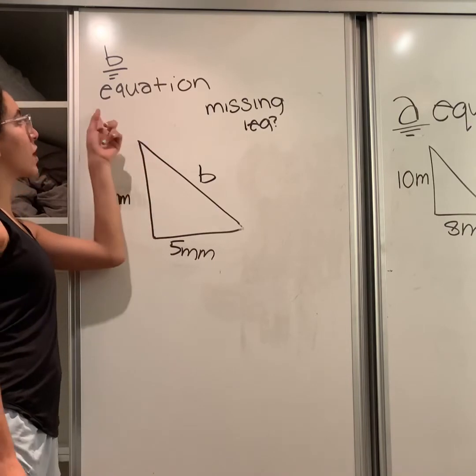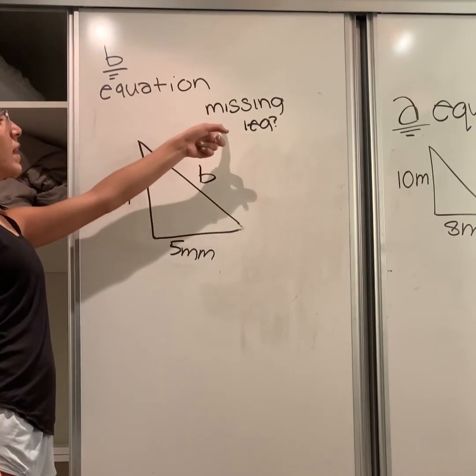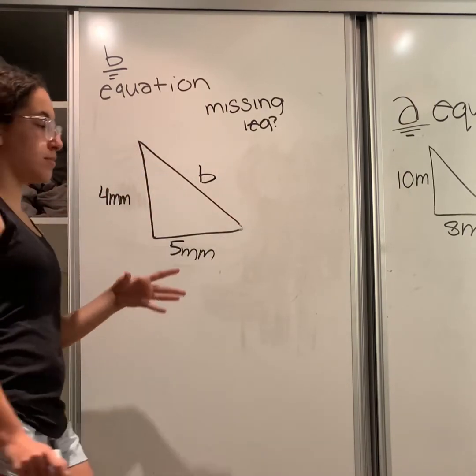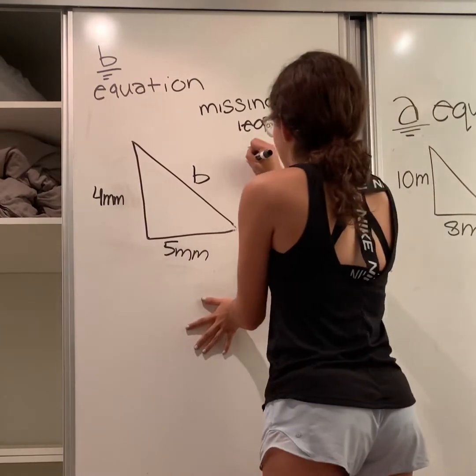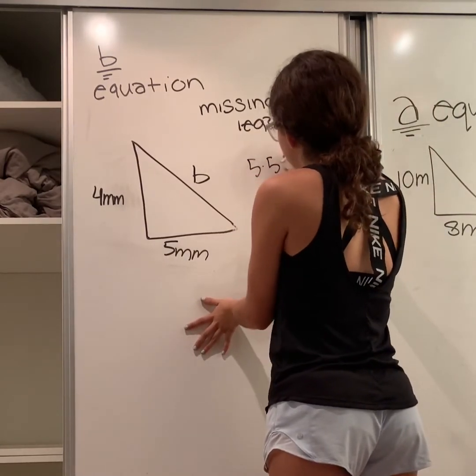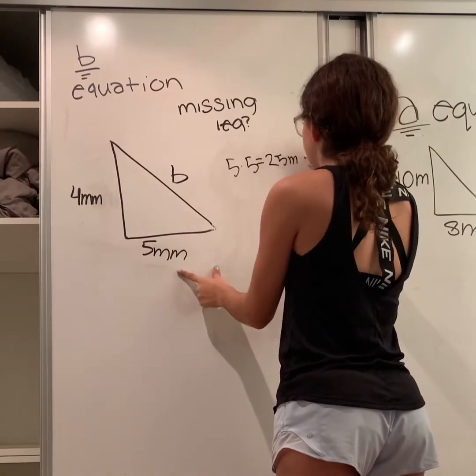So the first thing that we're going to be doing is a B equation, and for the B equation we're going to be finding the missing leg, and we're going to be subtracting. So the first thing that we have to do is take our biggest number, and we have to multiply it by itself to get 25. We bring over the unit to get 25 millimeters.